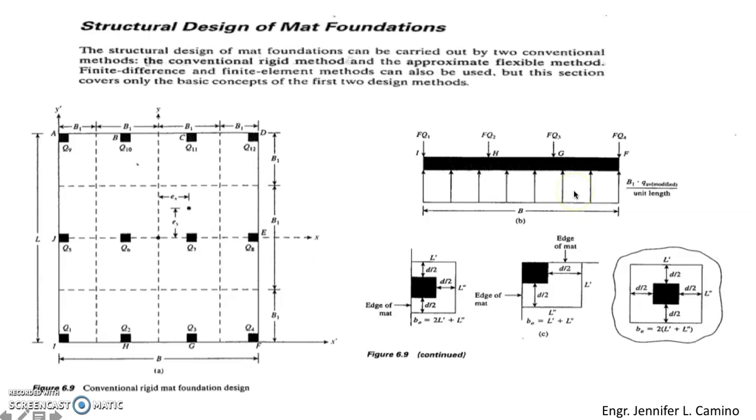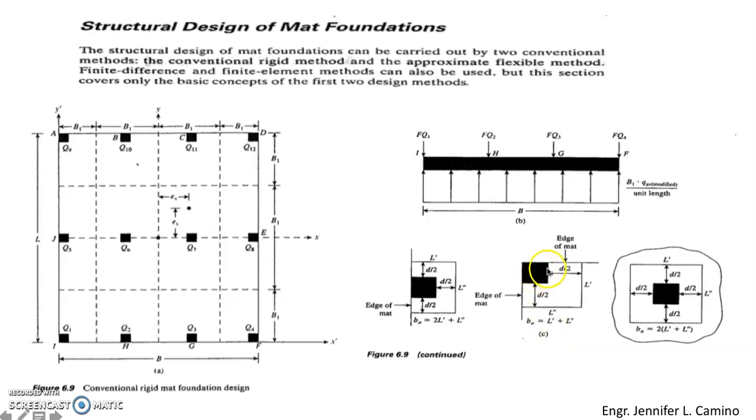And of course, this is the edge of the mat foundation. If we have the critical perimeter section from the edge of the mat foundation, we can have these specific parameters within the perimeter of this column. This is also an illustration of this critical perimeter.